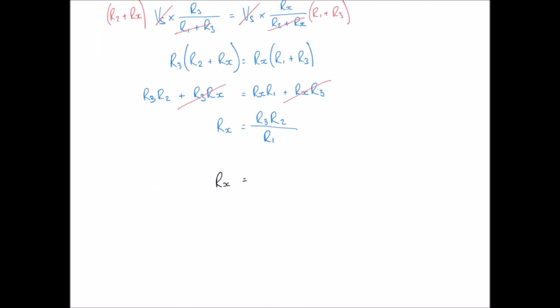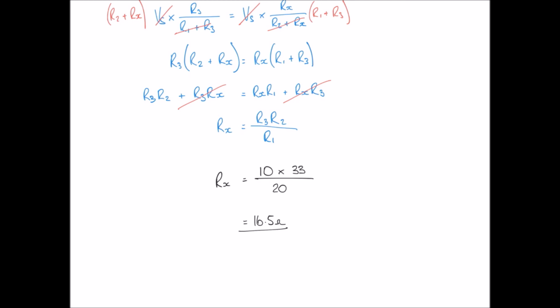So that's 10 multiplied by R2, which was our variable resistor in this case, which we said was at 33 ohms, divided by R1, which we said was 20 ohms. And so we find that by deriving the Wheatstone Bridge formula and putting in our values, our unknown resistor Rx has a value of 16.5 ohms.